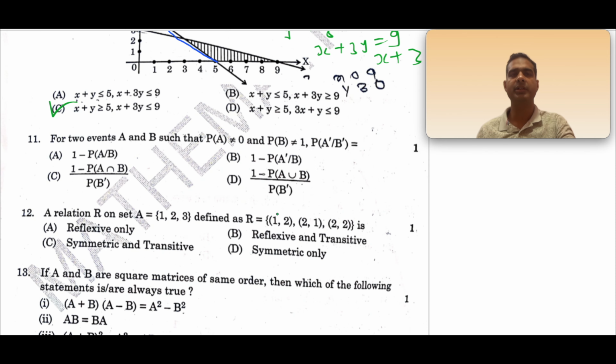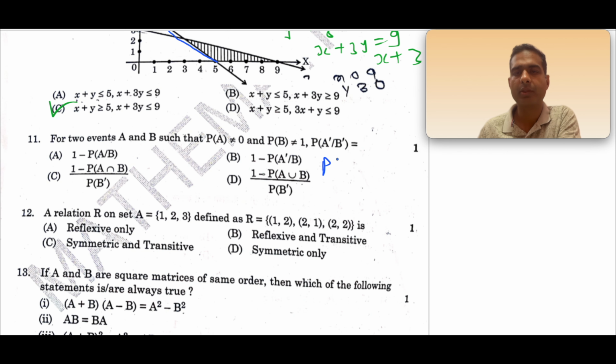Moving to question number 11. For two events A and B such that probability of A is not equal to 0 and probability of B is not equal to 1, then probability of A naught over B naught.